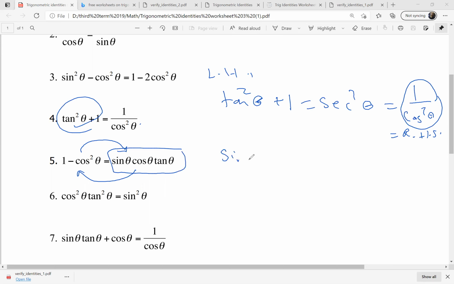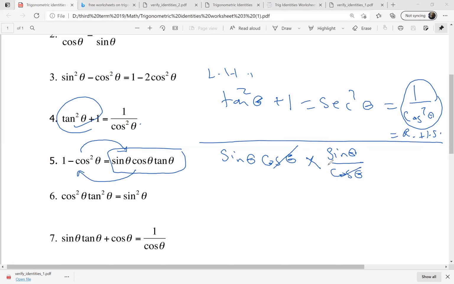It will be sine theta over cosine theta times cosine theta. Cosine theta with cosine theta, then you will get sine squared theta, which is 1 minus cosine power of 2 theta, which is the right hand side, because we used the left hand side. It's okay.